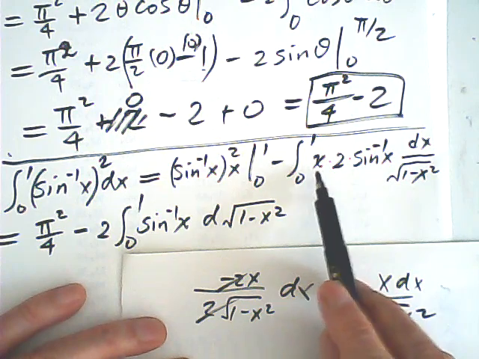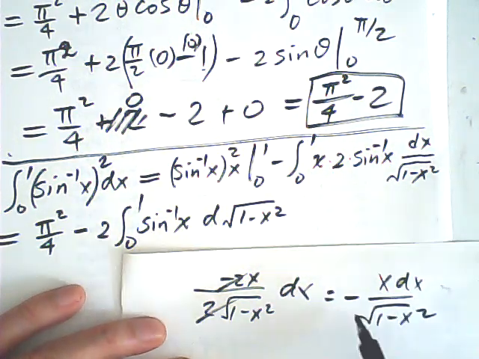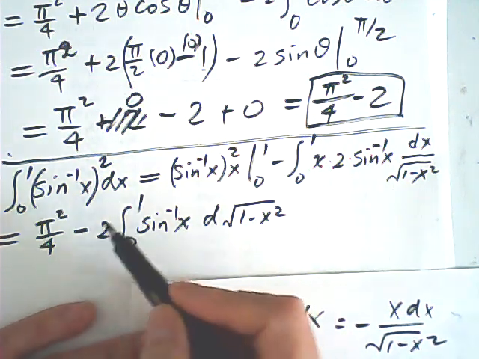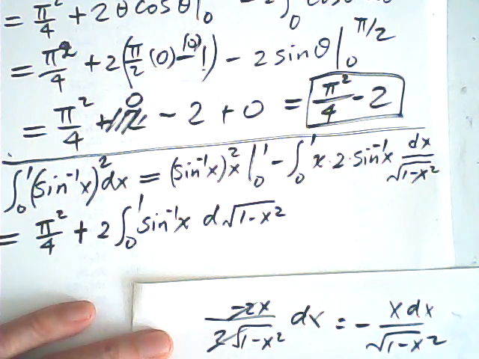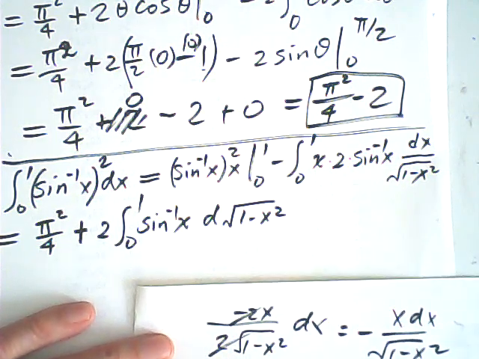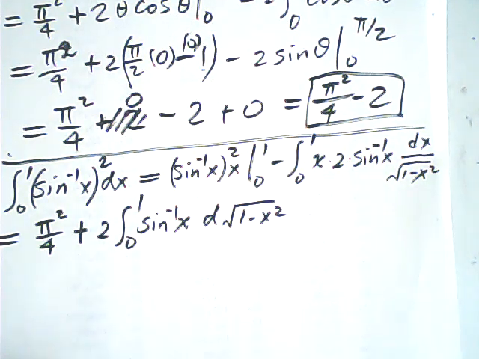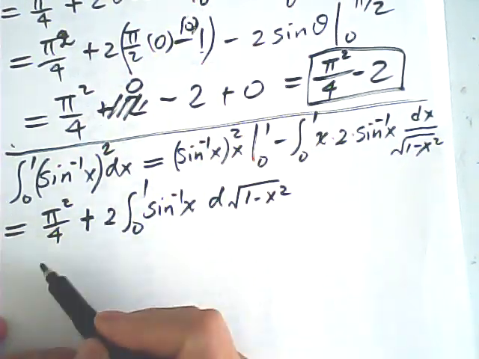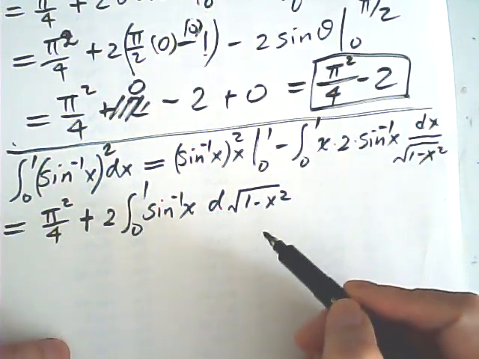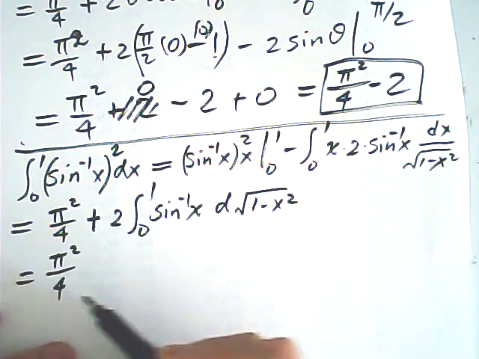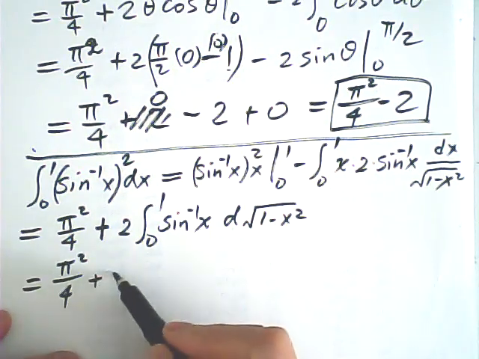Well, I do have x dx over that, but I don't have a negative, so that changes the sign into positive. So that makes equal. Then this one is equal to pi squared over 4 plus 2.